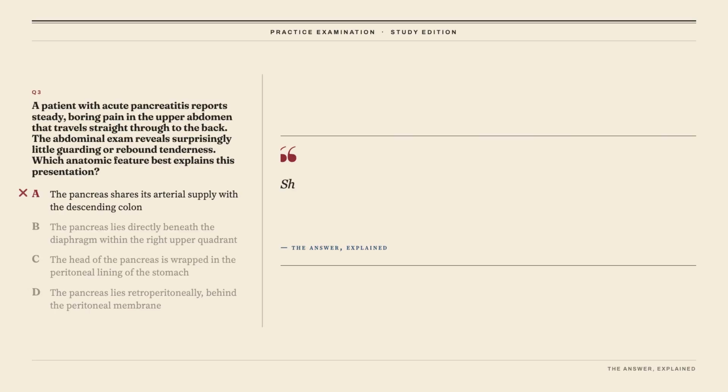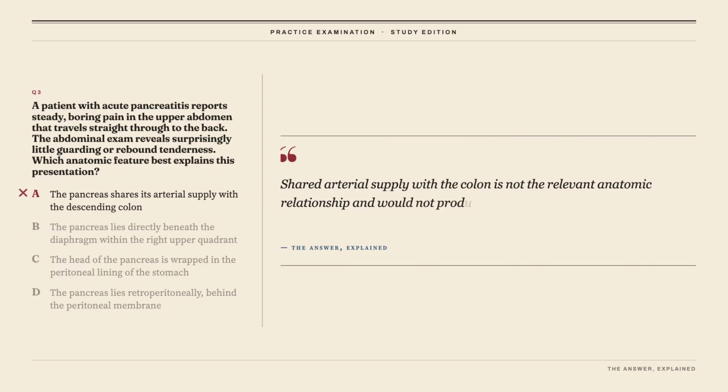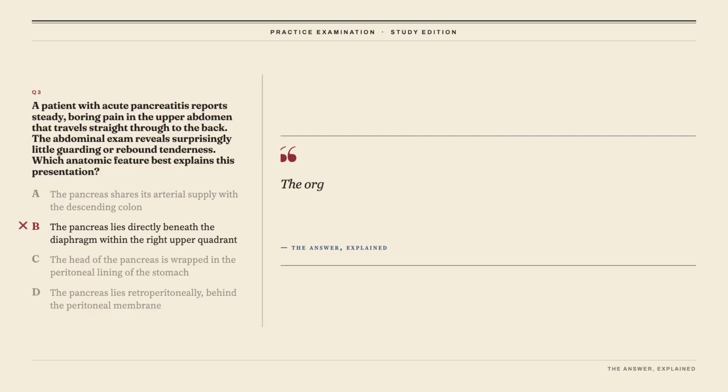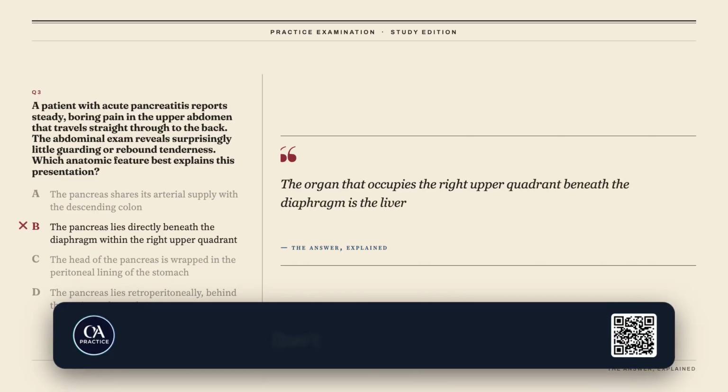A is wrong because shared arterial supply with the colon is not the relevant anatomic relationship and would not produce posterior radiation of pain. The colon receives its blood from the mesenteric arteries rather than the pancreatic branches. B is wrong because the organ that occupies the right upper quadrant beneath the diaphragm is the liver.